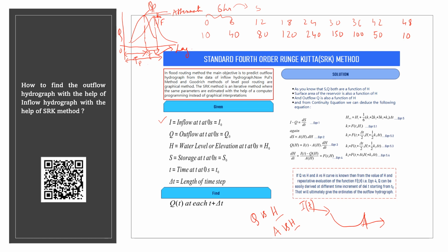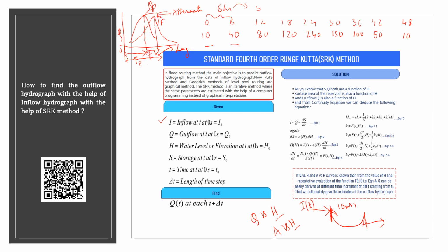Like you see now, this is the 0th hour, 10 meter cube per second, but at the 6th hour it is 40, then 12, then so on. And these discharges are measured at the inflow point only, at the inlet point. So at 0th second we find that the discharge is 10 meter cube per second. After 6 hours we find that discharge at the same point is 40 meter cube per second.